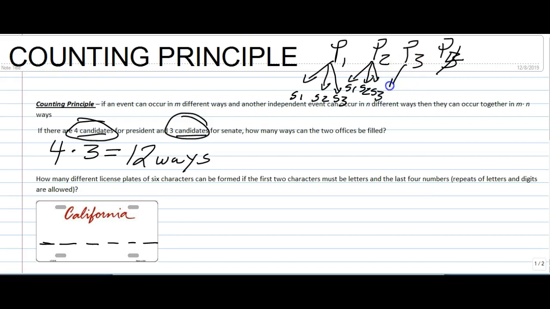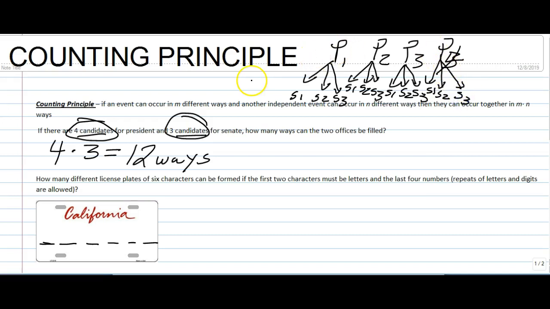Or I could elect President 3, Senator 1, President 3, Senator 2, or President 3, Senator 3. Or I could elect President 4, Senator 1, President 4 and Senator 2, or President 4 and Senator 3.